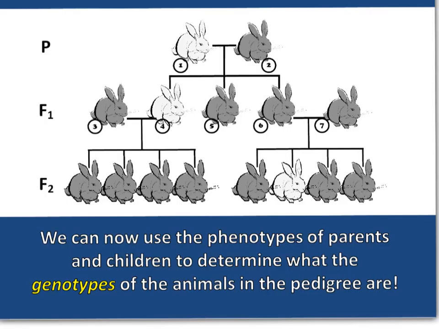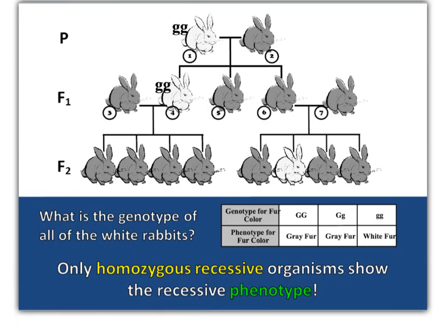Now we have phenotypes of the parents and children to determine what the genotypes of the animals of the pedigree are. So we use what they look like to determine what their genes are. That's exactly what I just told you in a more complicated way. You use what they look like to determine what their genes are. So the first thing, you're always going to have a key. It's always going to tell you what the key is.